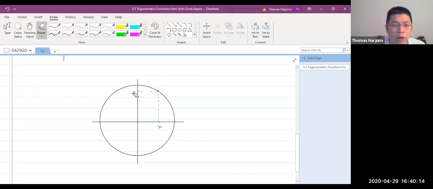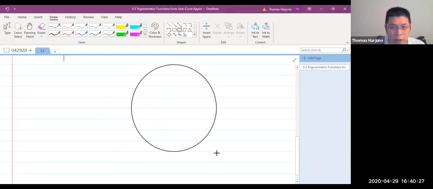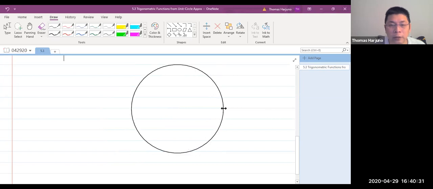I want to summarize what we can do using that unit circle approach. And that is that we can find the values of additional special angles actually quite fast.